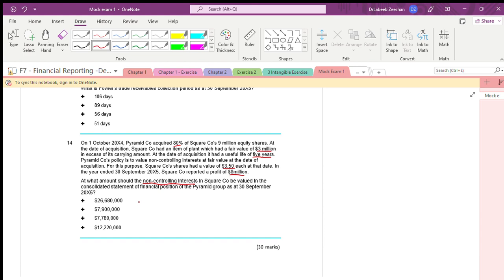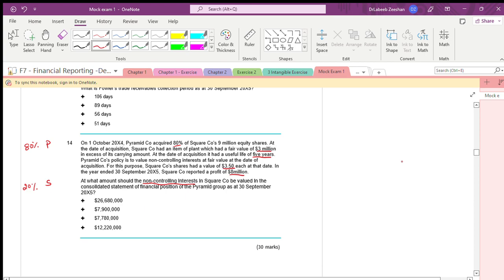They are asking about the NCI value. Now, how much is the parent company and how much is the subsidiary company? The parent company is 80%. The subsidiary company is 20%.